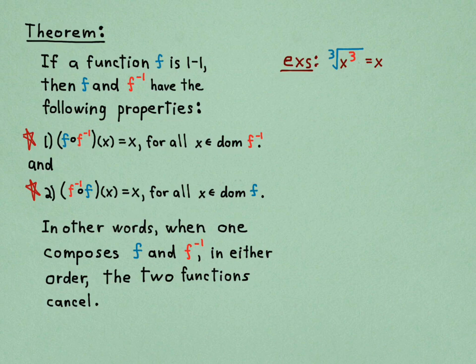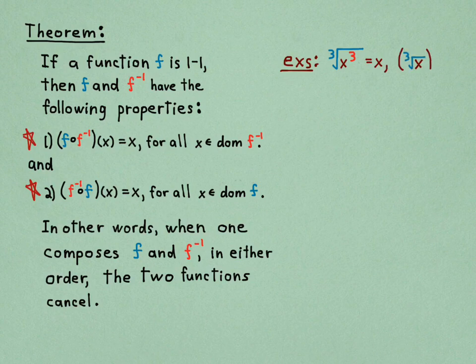So here's a simple example. Cube root of x cubed equals x. The cube root function and the cube function are inverses of each other. So here I compose them, the inside function being x cubed and the outside function being the cube root of x. And so when you compose them, you get the cube root of x cubed, and those cancel and you get x.